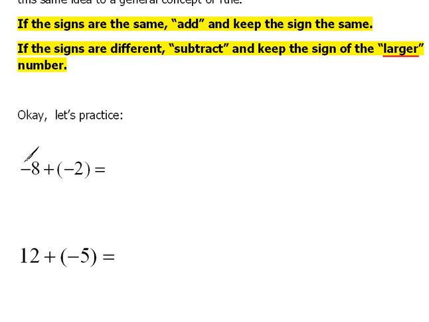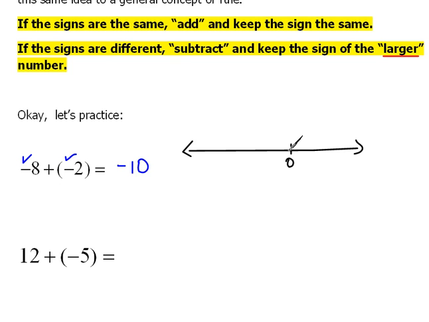Now here, the signs are the same for both of these numbers. This is a -8 and this is a -2. If the signs are the same, we add the numbers and keep the sign the same. So 8 and 2 would be 10, and we keep that sign a negative. Now let's show that on a number line, just real quickly. If I were to draw out a number line, and let's say here's 0.